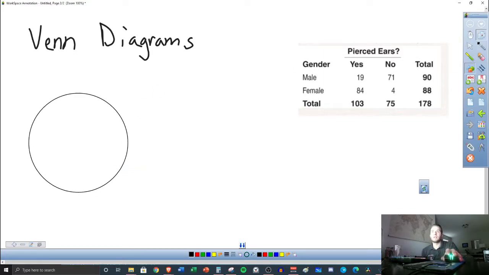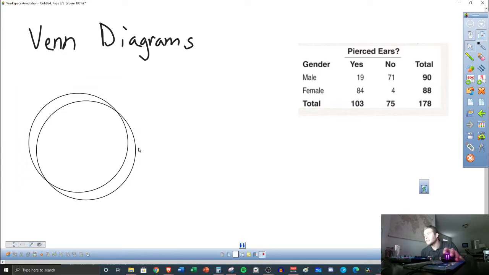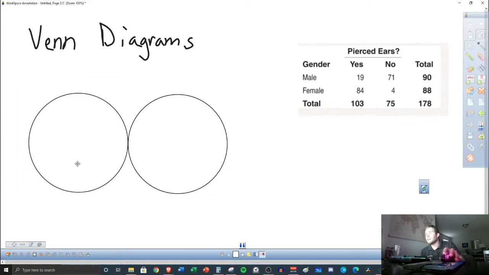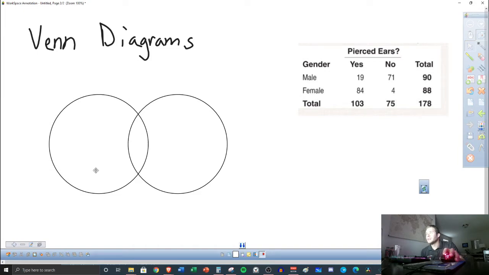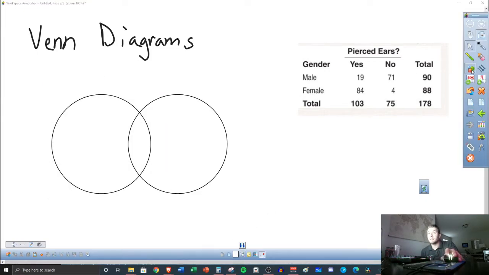Just to make sure they're the same, I'll copy and paste. You can have fun drawing your own circles. That is what a Venn diagram looks like, except this one's not complete yet.